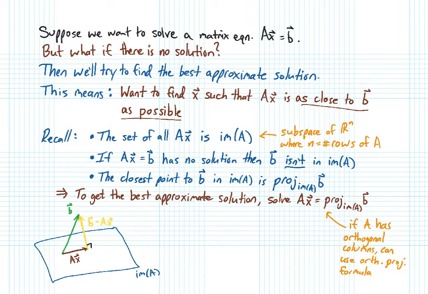But then I can take that third edge of the triangle and turn it into a vector, and as a vector it would be B minus AX. And then just by the way that we created B minus AX using the orthogonal projection, we know that B minus AX is orthogonal to the image of A. And so this gives us another way to interpret the problem, that we're trying to find an x such that B minus AX is orthogonal to the image of A.